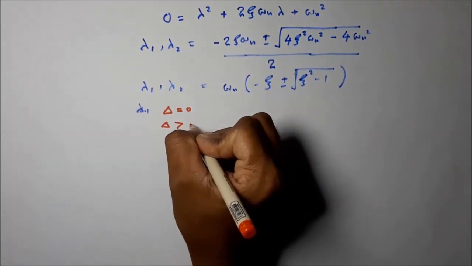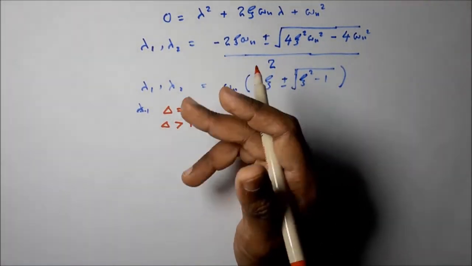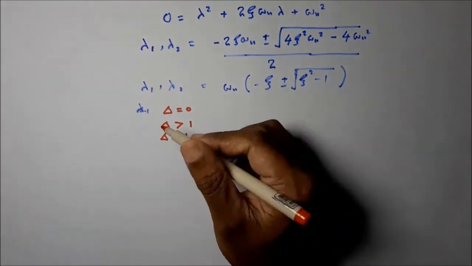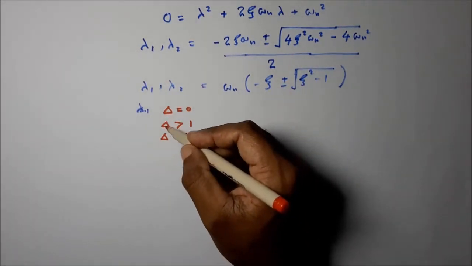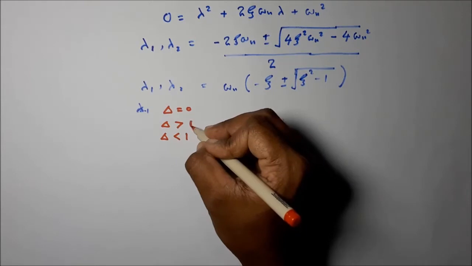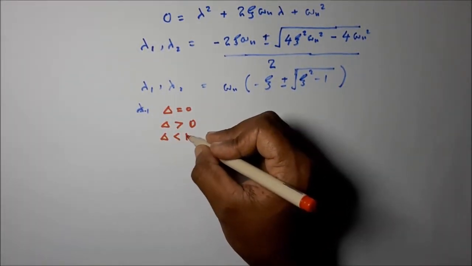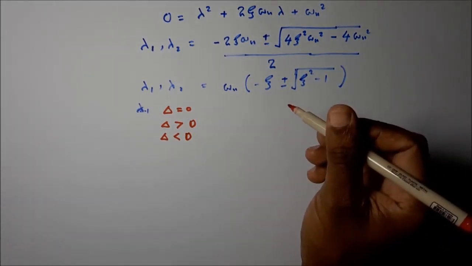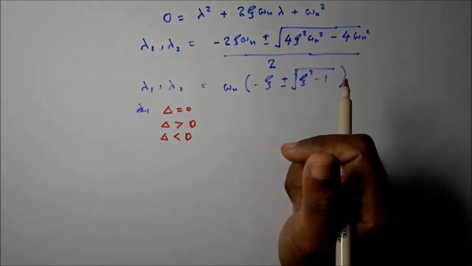If delta is greater than 0, we have two distinct real roots. If delta is less than 0, we have two distinct imaginary roots.